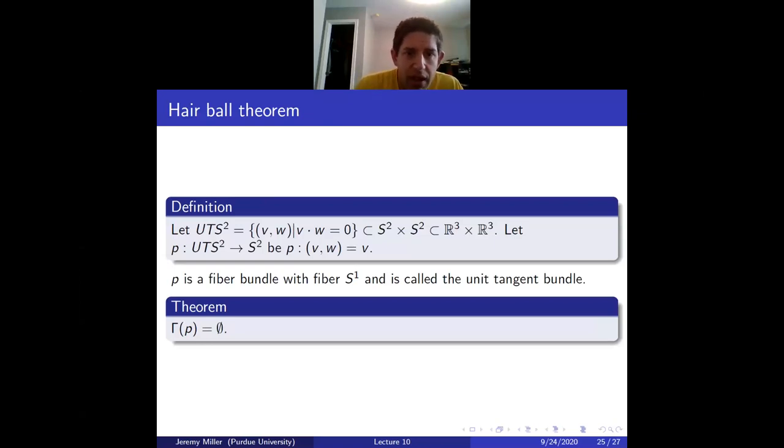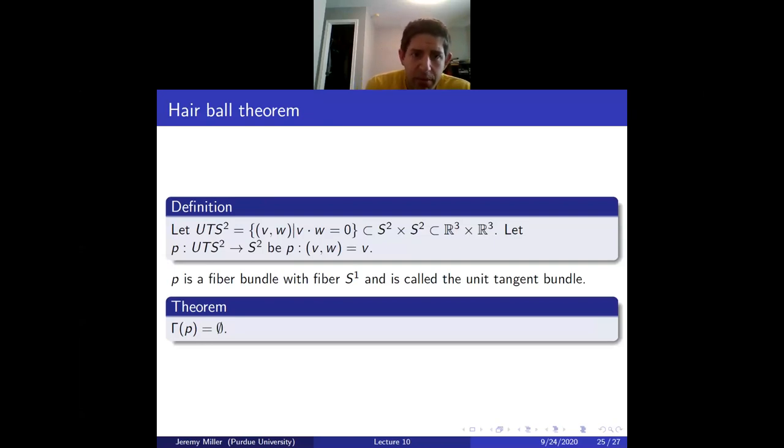Rigorously, we have this unit tangent bundle, which is the set of pairs of unit length vectors that are orthogonal to each other.